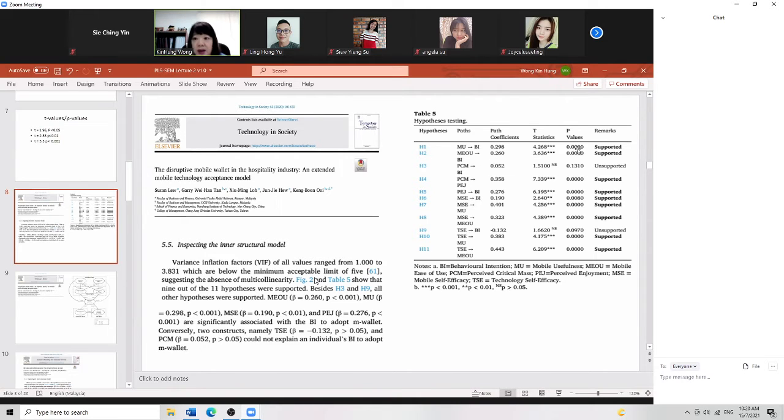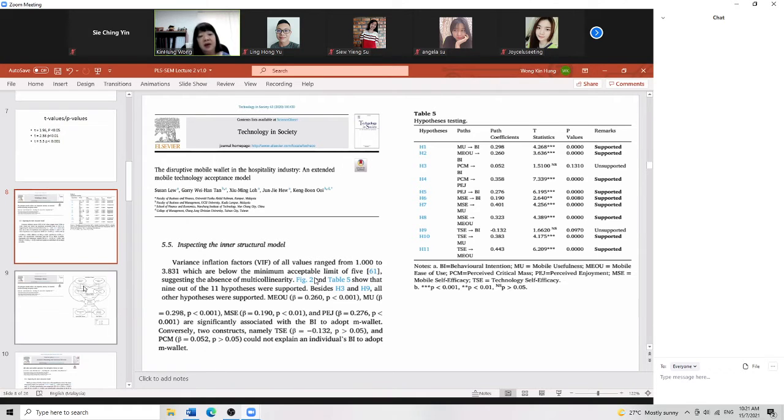All right. This one is less than 0.01. Okay. So MSE, here MSE, okay? 0.19, this one is less than 0.01, okay? 0.01, so it's 0.008, all right?